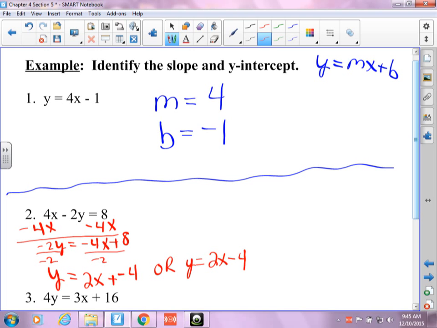I'll accept either. Where did you get the -4 from? Because when you divide 8 by a negative number, it's going to be a negative. Correct. 8 divided by -2 is -4. And the -2 affects not only the -4, but also the 8. So keep that in mind. All right, what's my m? 2. What's my b? -4.